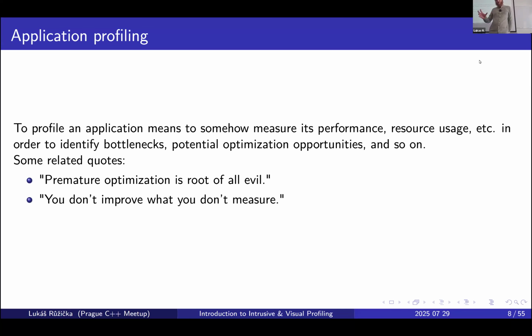But if you have some particular problem, and you know it's somewhere in some part of the application or a library, you can definitely use this technique. And as with any other profiling, its purpose is to measure performance, find possible bottlenecks, and then you can think about how to remove or fix them.